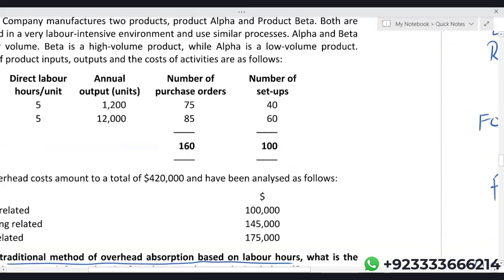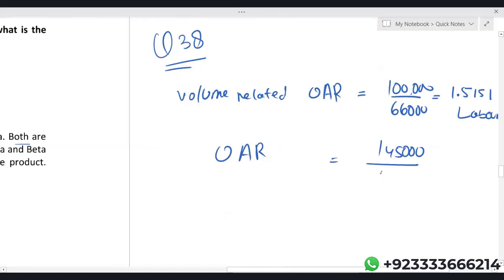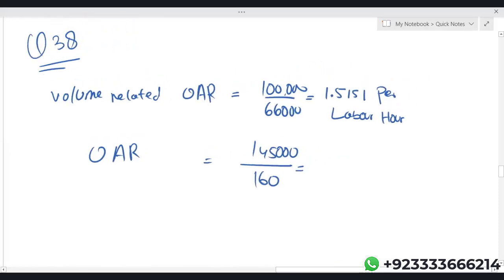How many purchase orders are there? 160. So that gives me per purchase order 1,45,000 divided by 160. I'm getting $906.25 per purchase order.